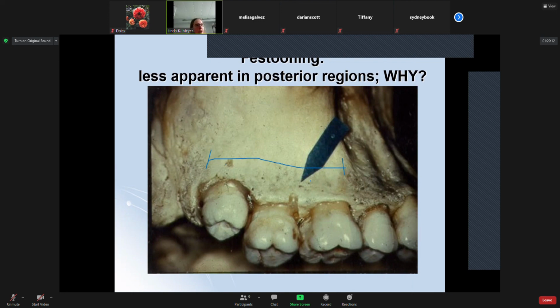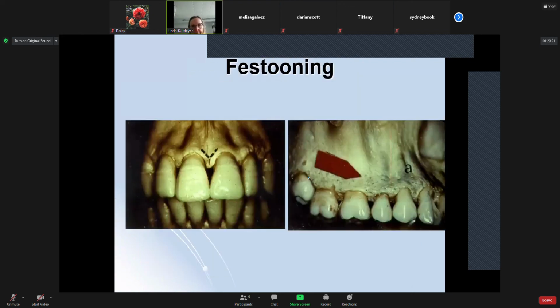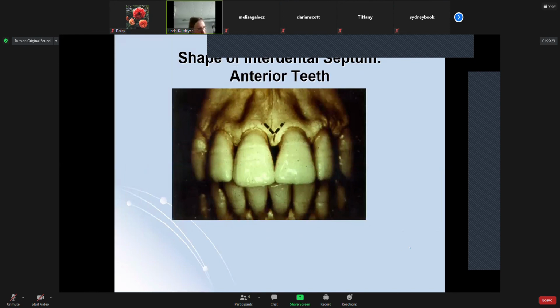Okay, let's go to the top of page 6, and we'll also be looking at the picture on page 7 at the top again. Let's talk about the shape of the interdental septum in anterior teeth. So I'm going to draw completely the interdental septum between these central incisors. And I want you to notice that it has a conical shape.